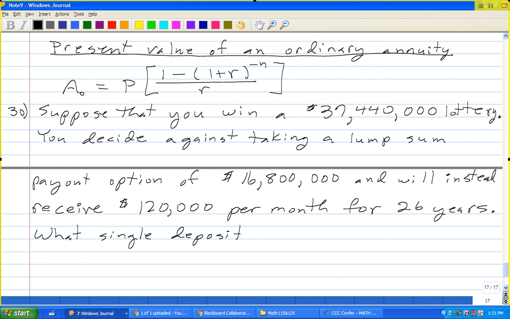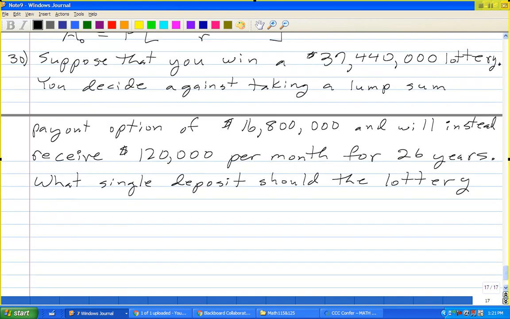Now we're going to look at this from the standpoint of the state. What single deposit should the Lottery Commission make now to fund your lottery winnings?